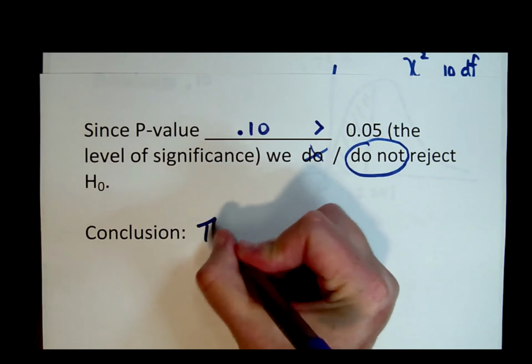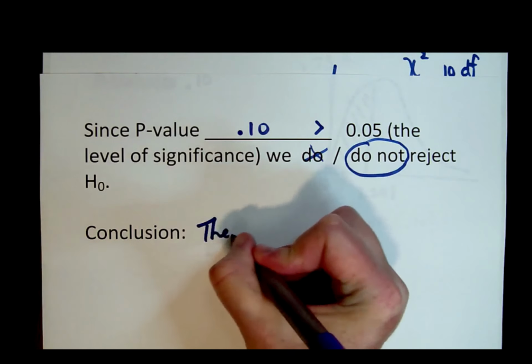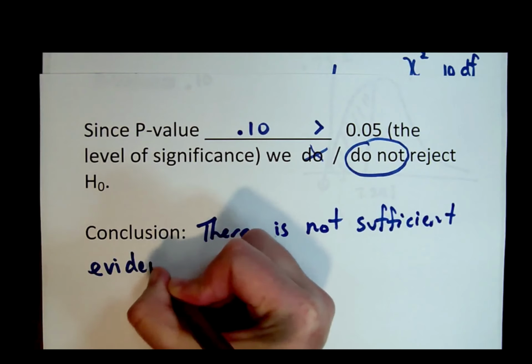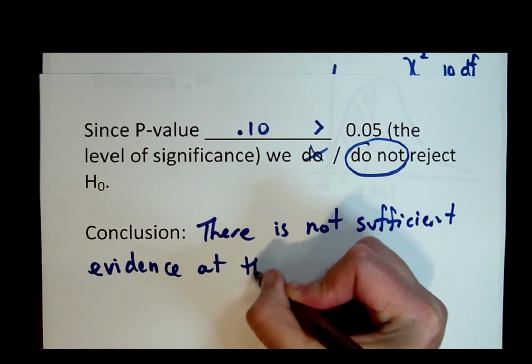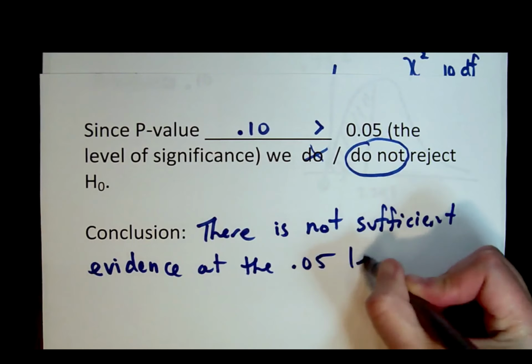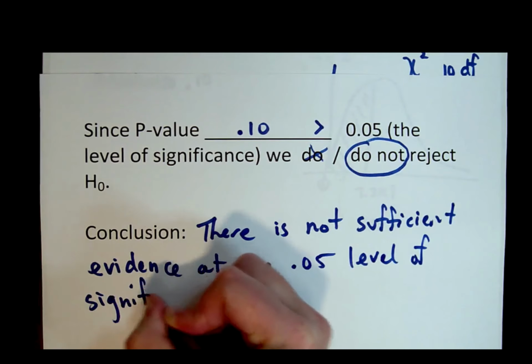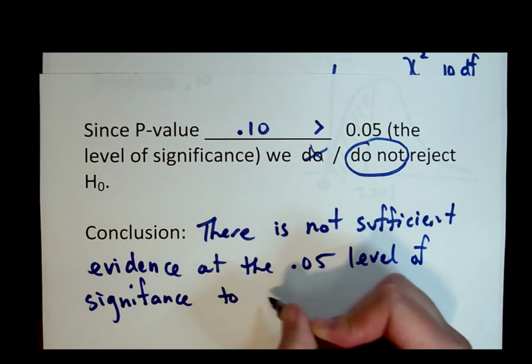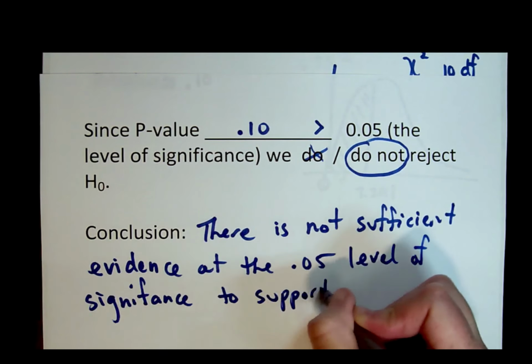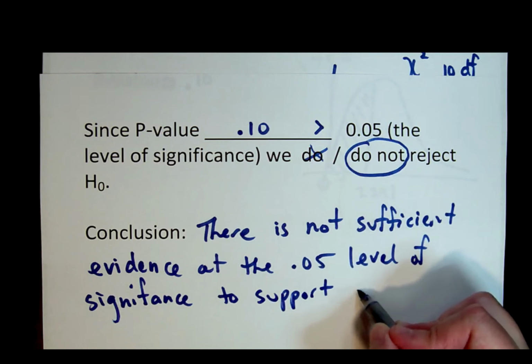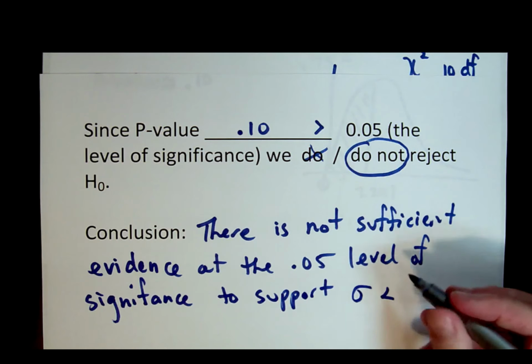So there is not sufficient evidence at the 0.05 level of significance to support sigma being less than 0.75.